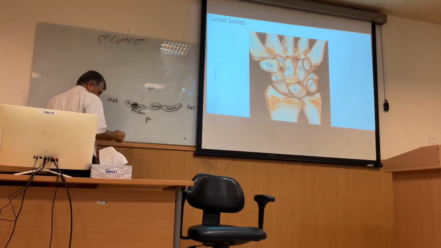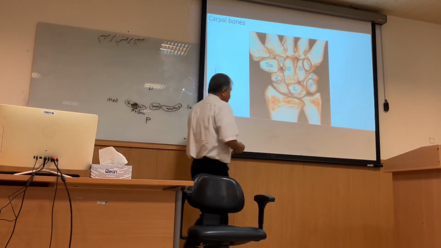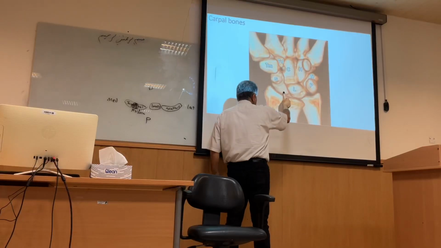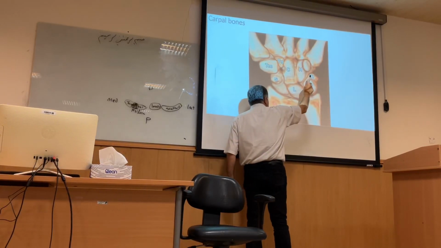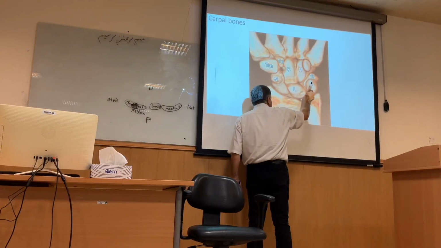Together you can see the scaphoid, lunate, triquetrum, and pisiform.